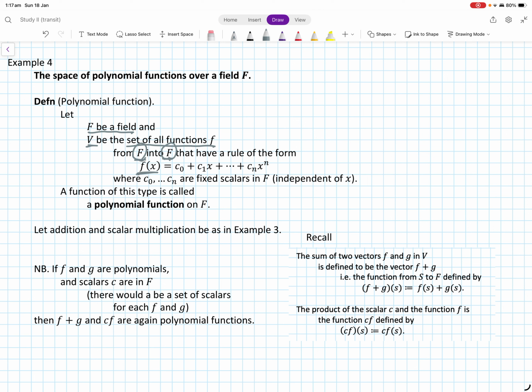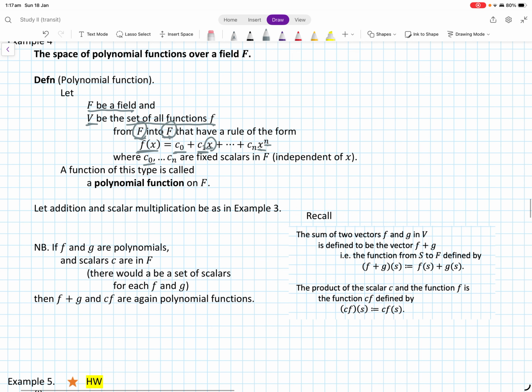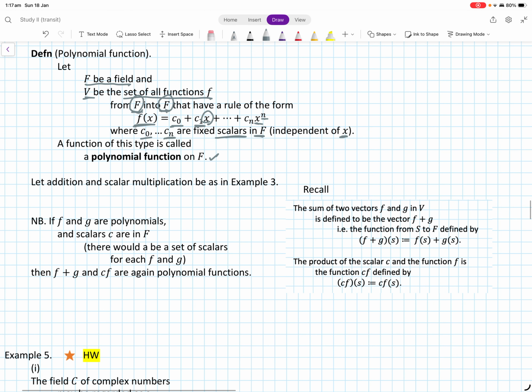It is specified as a combination of coefficients multiplied by powers of x, up to at most degree n, where n is the degree of the polynomial. So it's basically just a polynomial. And here c0 to cn are fixed scalars in F, which are independent of x. And this type of function is called a polynomial function. So this we know very well, but just to be formal and clear about it.